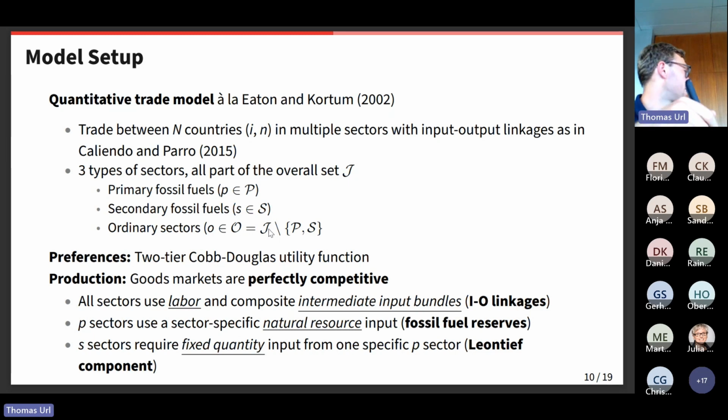So you need a fixed amount of the primary sector, like we said, the petroleum sector needs crude oil, and there's a gas manufacturing sector that needs natural gas. It's a fixed link. It's not that you can substitute between the primary sectors. You cannot substitute between natural gas and crude oil to produce petroleum. You need crude oil to produce petroleum.